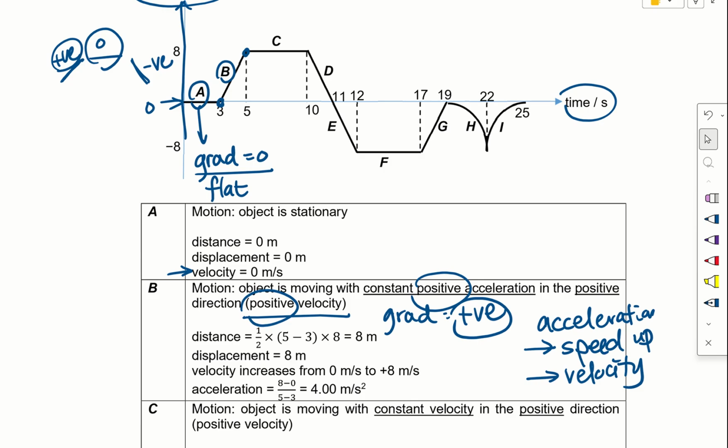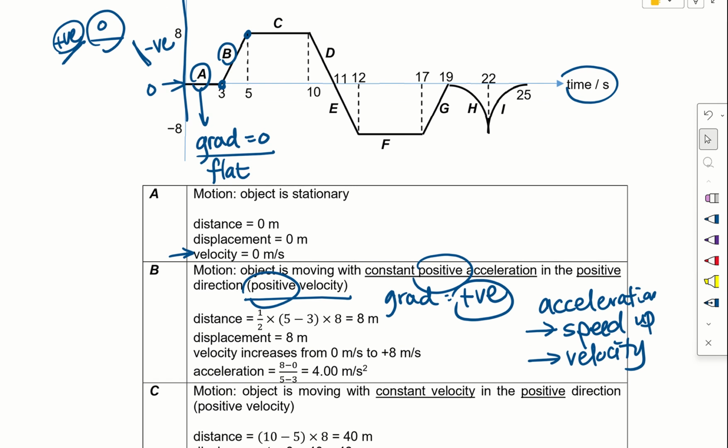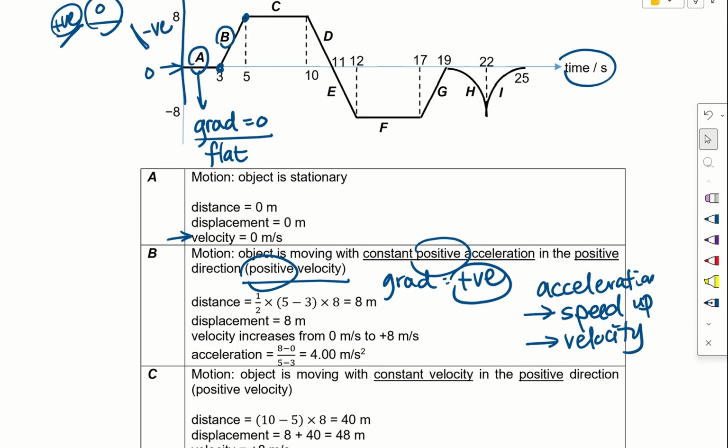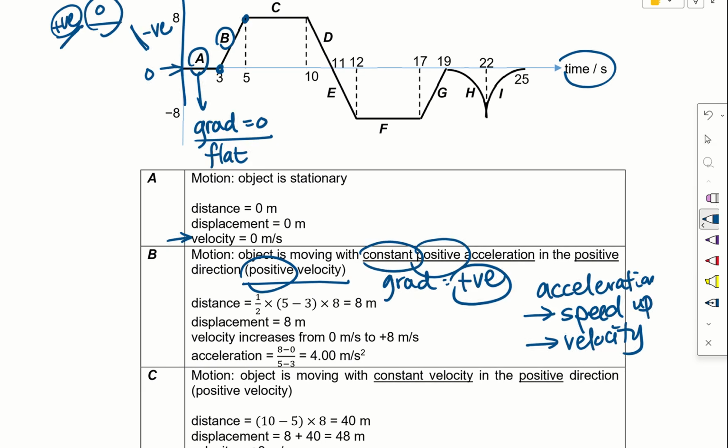Now we look at the shape of the line. The line is a straight line, therefore it is a constant gradient. So the velocity actually increases at a constant rate. So it is constant positive acceleration, or increase in velocity at a constant rate.